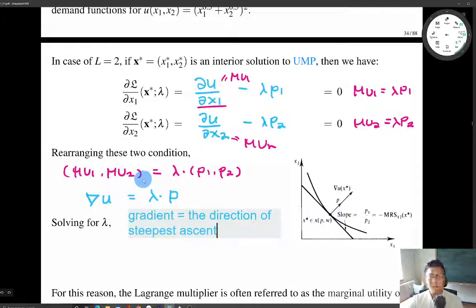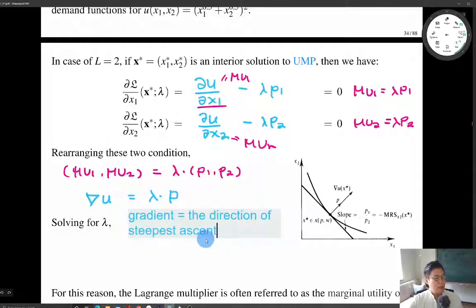The same condition can be extended to the L-commodity space. In the case of L commodities, we have a gradient, an L-dimensional vector from mu1 to mu_L, and an L-dimensional price vector, so we have exactly the same condition after applying the Lagrange multiplier.